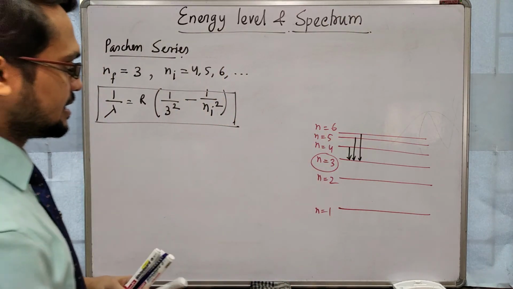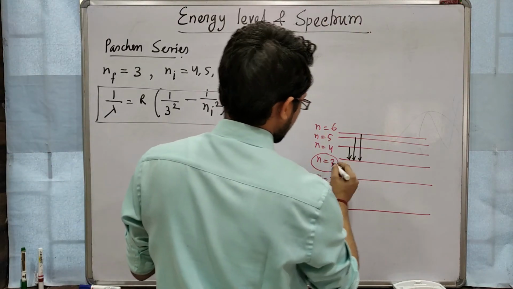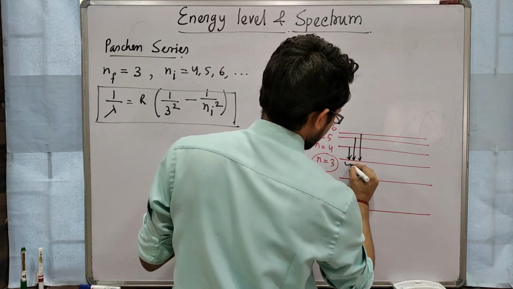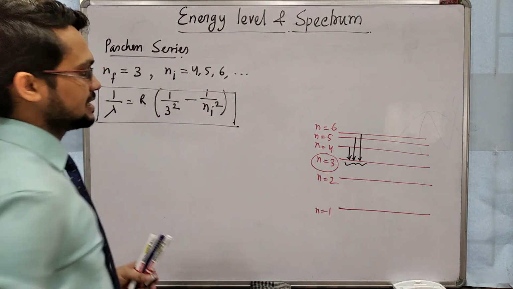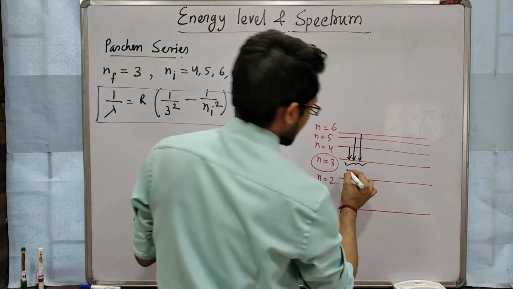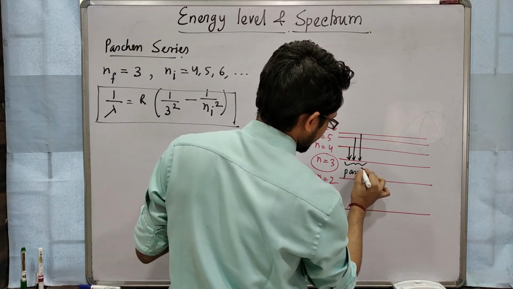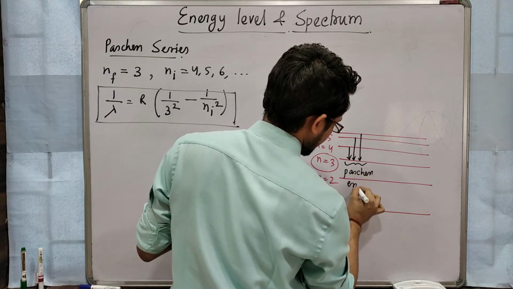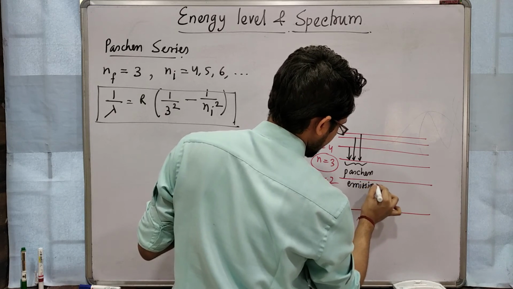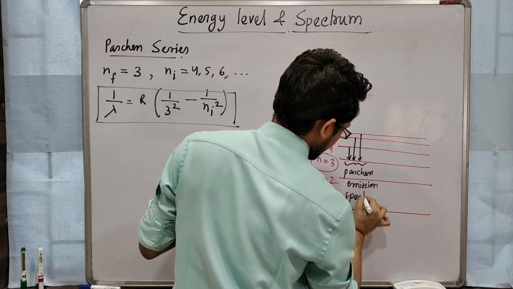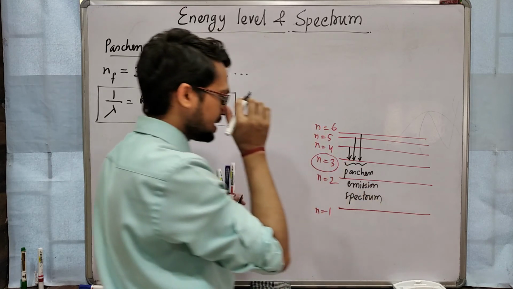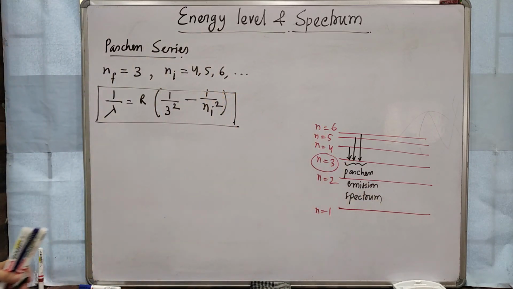When nf equal to 3, then we will get the Paschen series. This is Paschen emission series, Paschen emission spectrum.